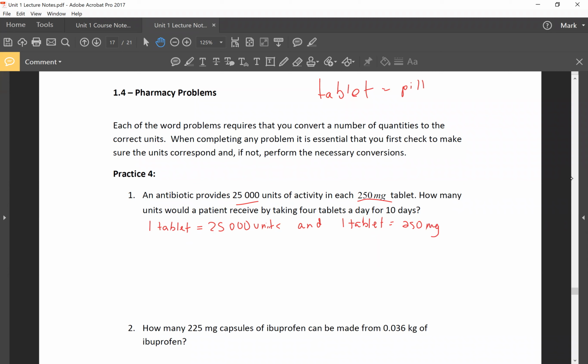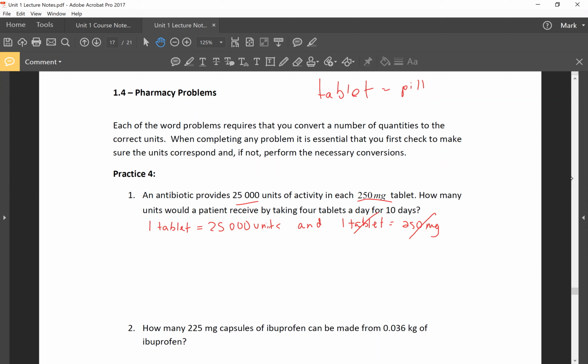So the question is, how many units would a patient receive if they took 4 tablets a day for 10 days? It's not asking about milligrams, so I don't actually need that number. There's a couple things I need to consider. How many tablets are they going to take in 10 days?